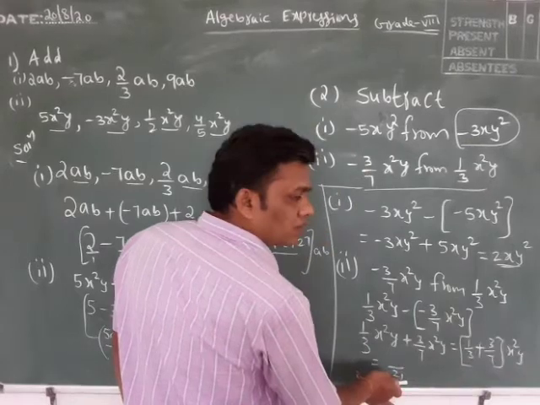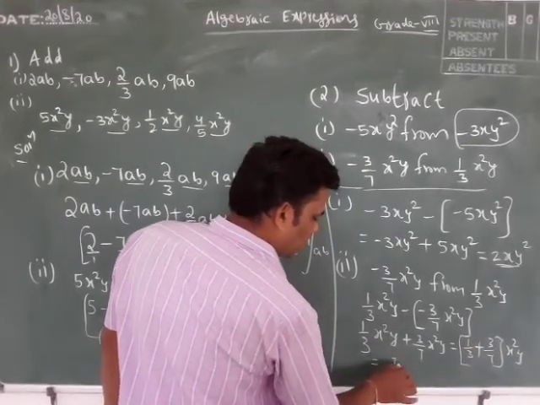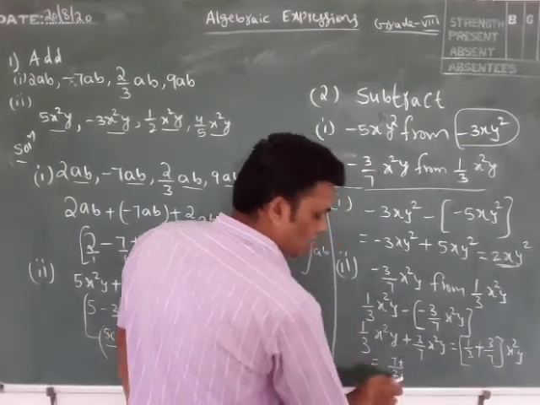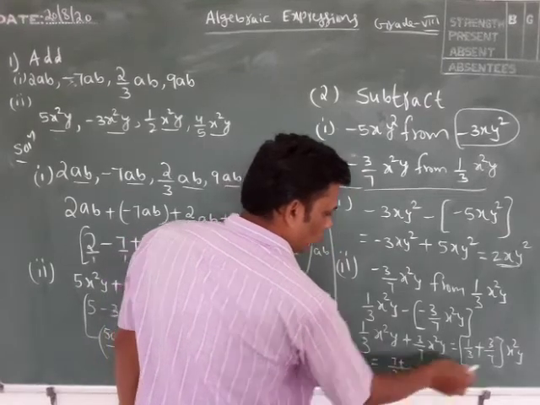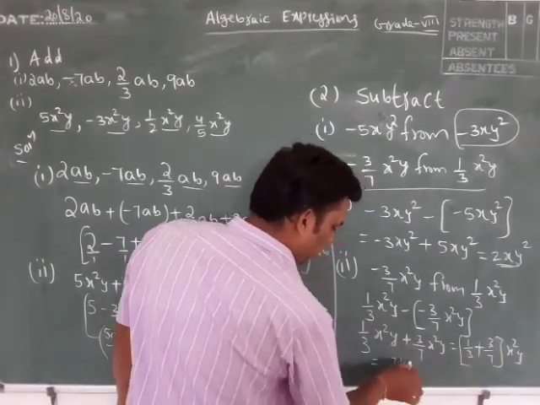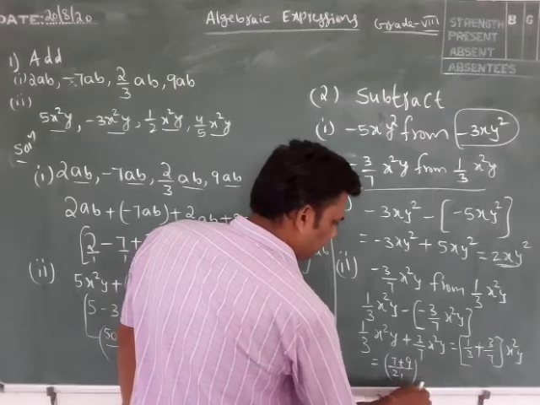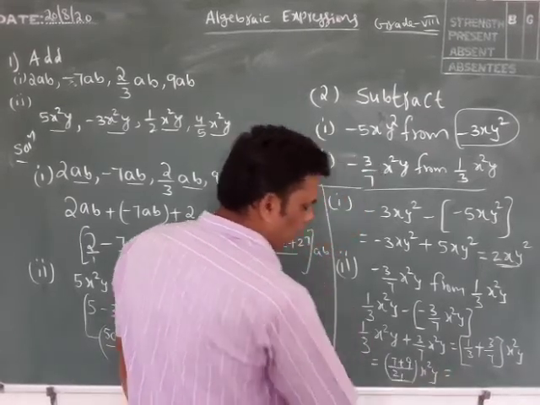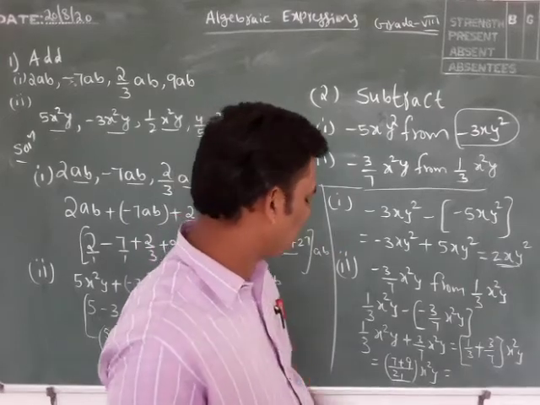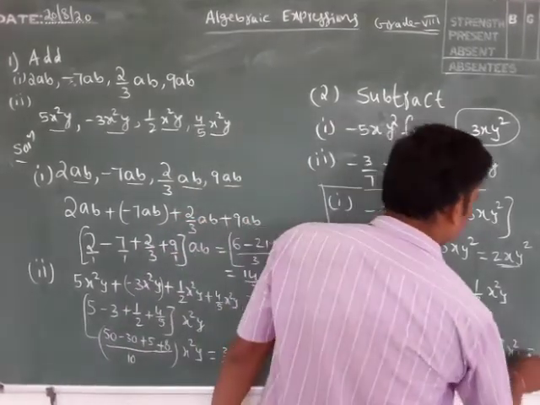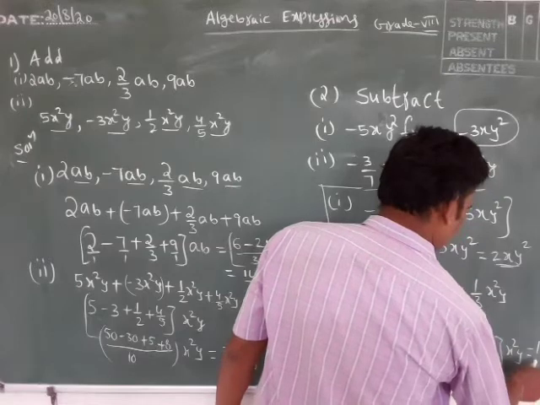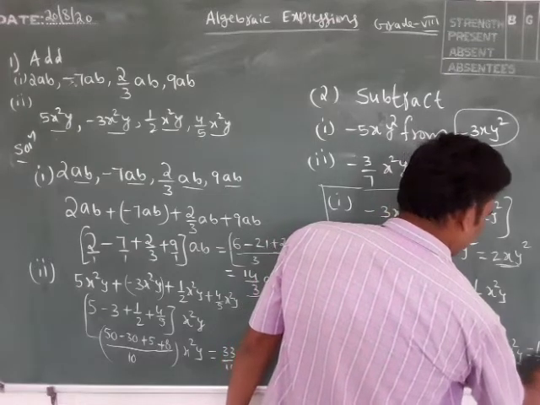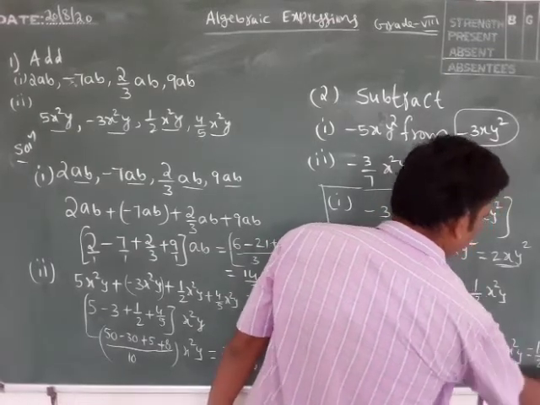With 3, divide 21, 7 will come. 7 3s are 21, 3 3s are 9. So this is nothing but 7 plus 9, 16. So this value is 16 upon 21 x square y.